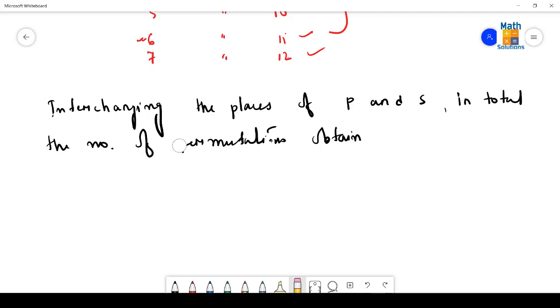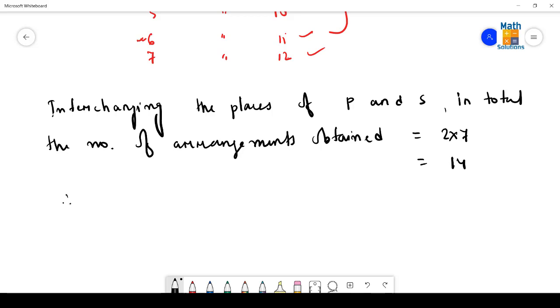It is better to write arrangements here, because that will sound good in the final answer. Total number of arrangements obtained is equal to 2 into 7. The first 7 is for the direct arrangement when P is kept initially, then S after with 4 places in between, and the second 7 is for interchanging the places of P and S. So in total we get 14 places.